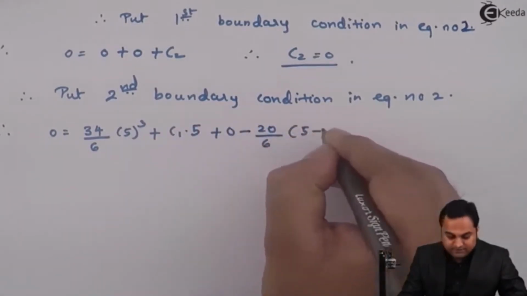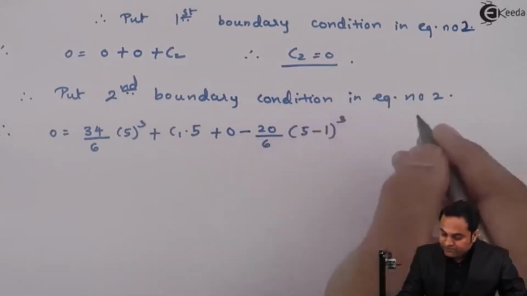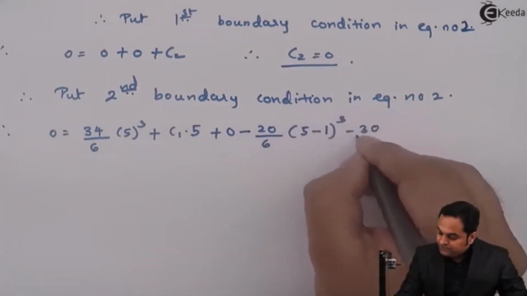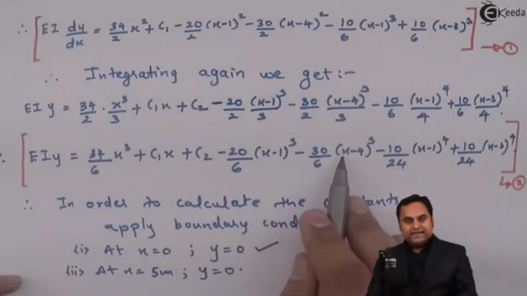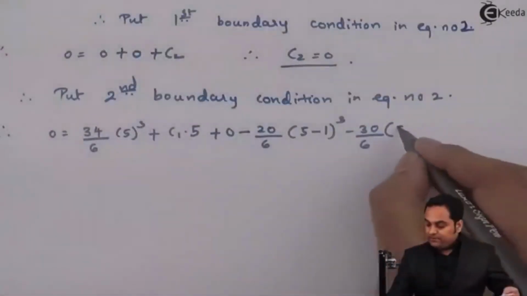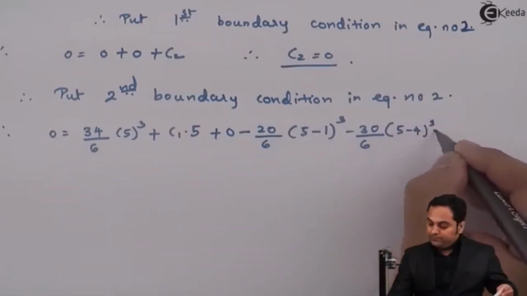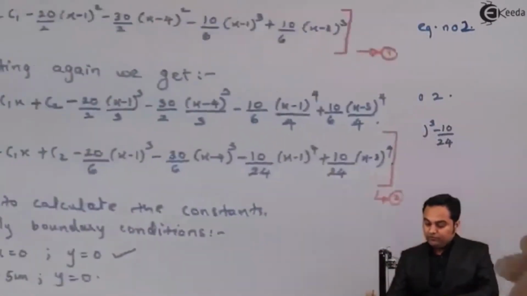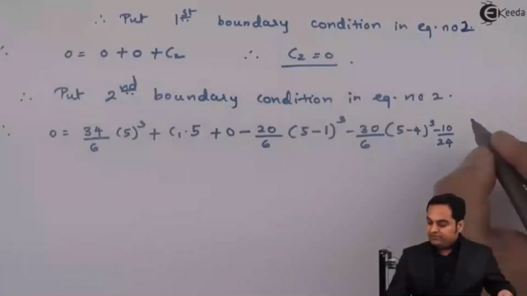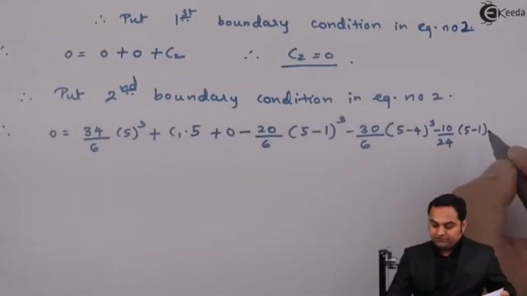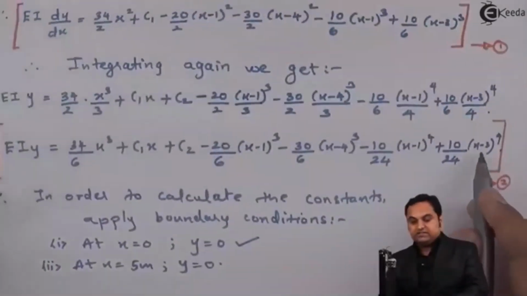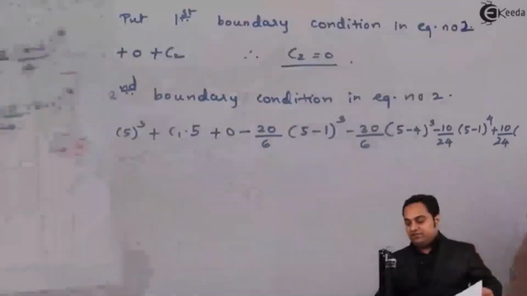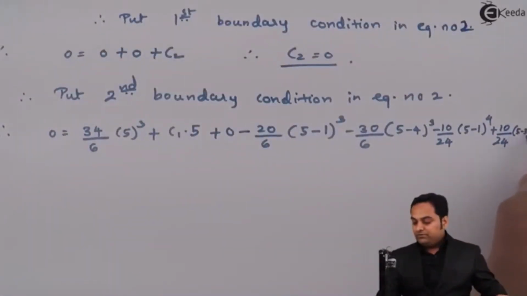Then we have x minus 1, that is 5 minus 1 whole cube, minus 30 by 6 into x minus 4, which is 5 minus 4 cube, then minus 10 by 24 into x minus 1, which is 5 minus 1 raised to the power 4, plus 10 by 24. Then at last we have x minus 3, 5 minus 3 raised to the power 4.